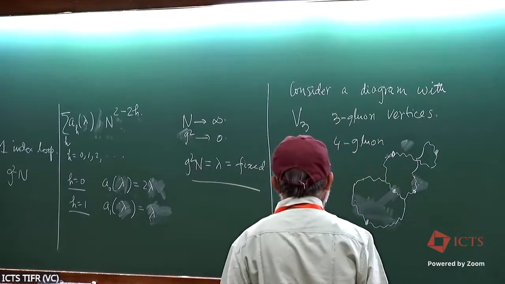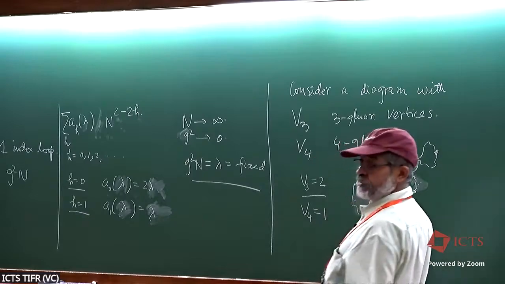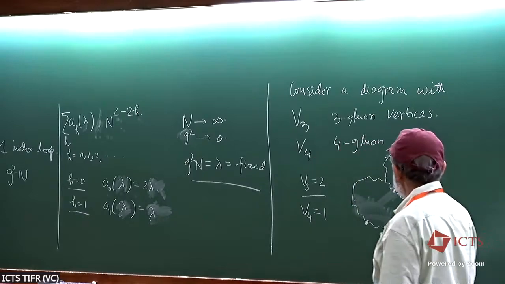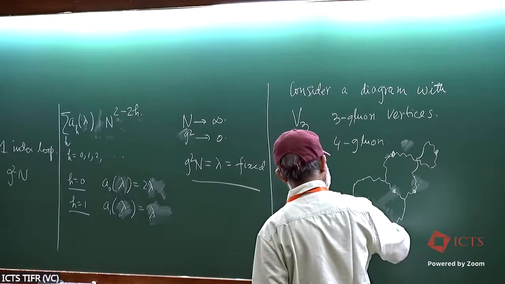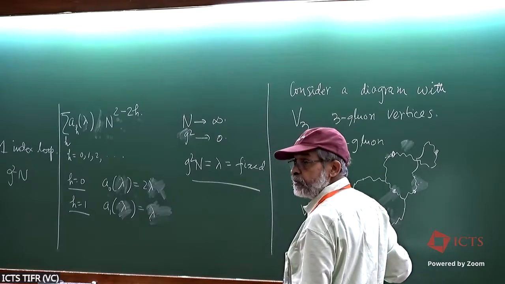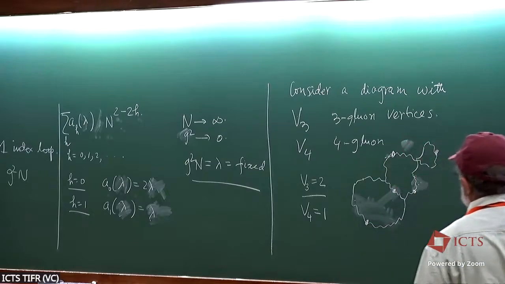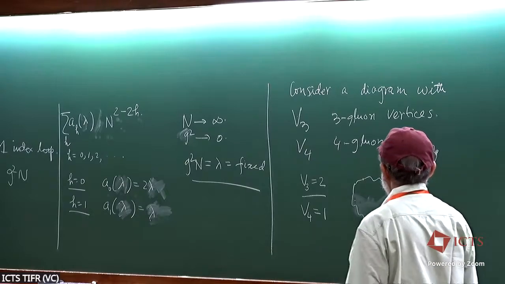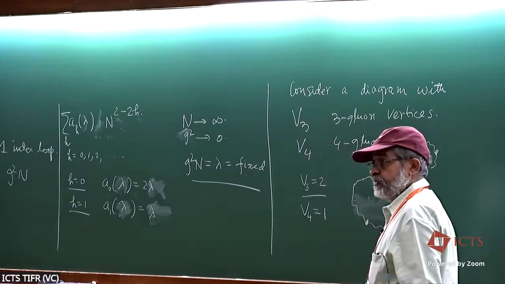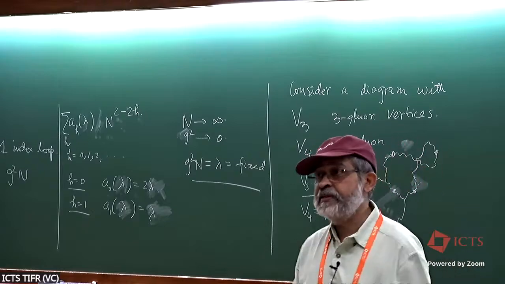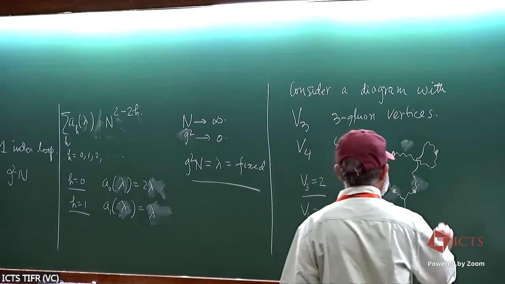The number of half propagators is twice the number of propagators, counting this one and this one separately. If the number of propagators was 5, the number of half propagators will be 10.